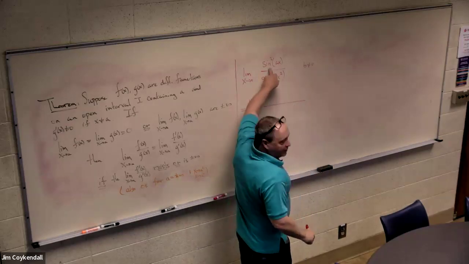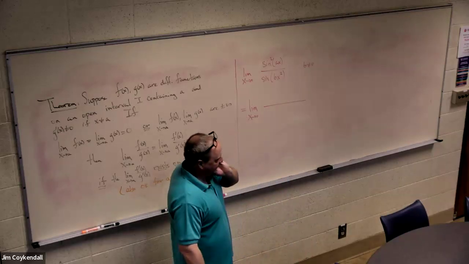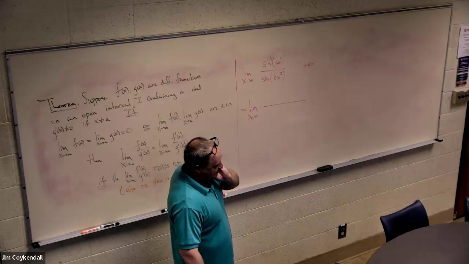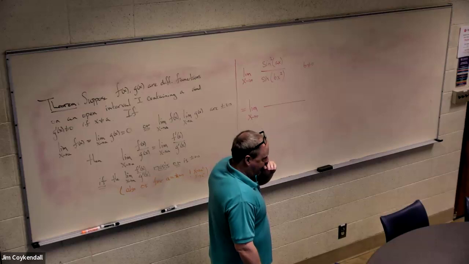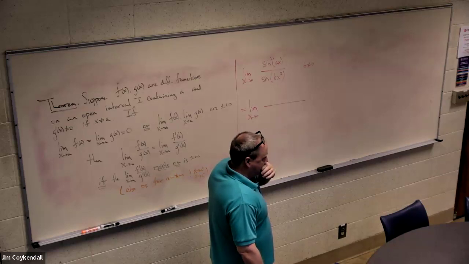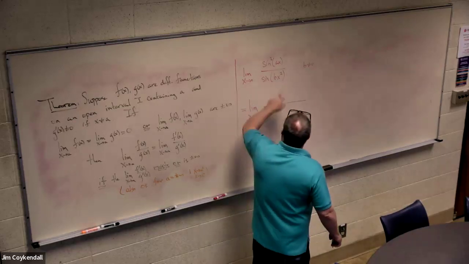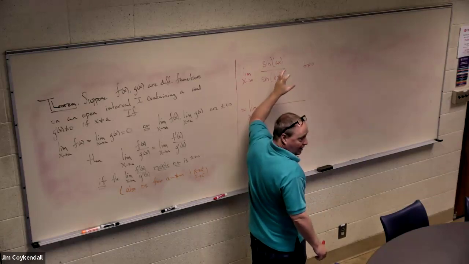Okay, somebody help me with this derivative here. What's the derivative of sine squared of AX? Right, so this is actually sine of AX, quantity squared.